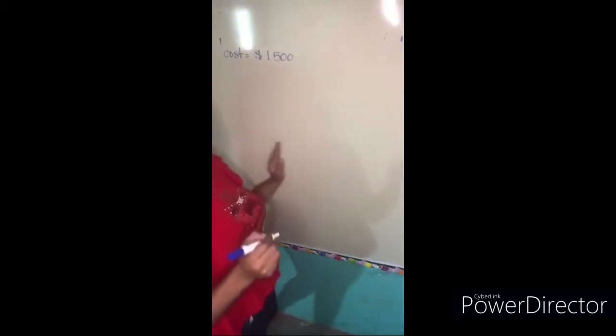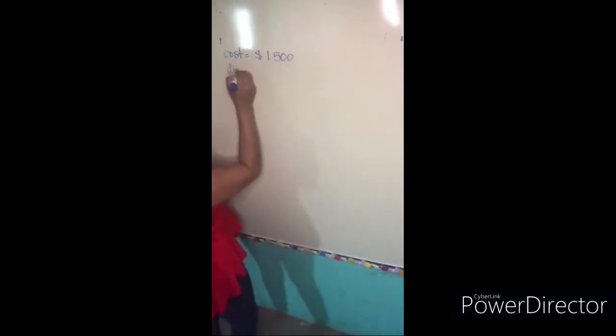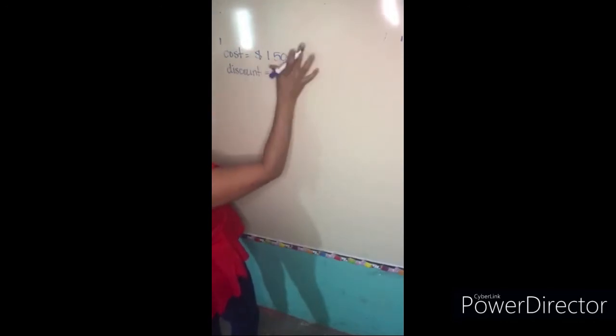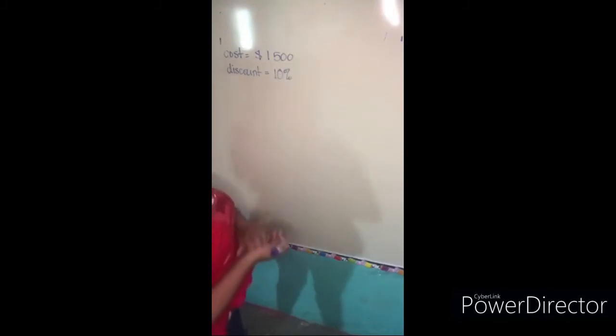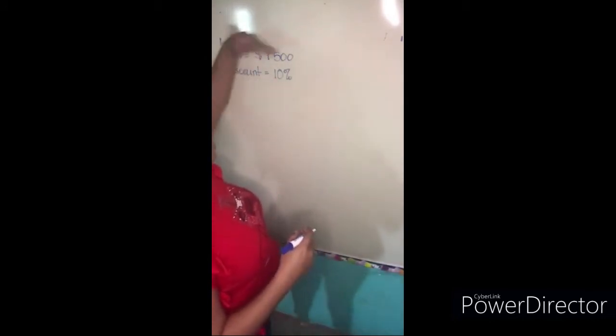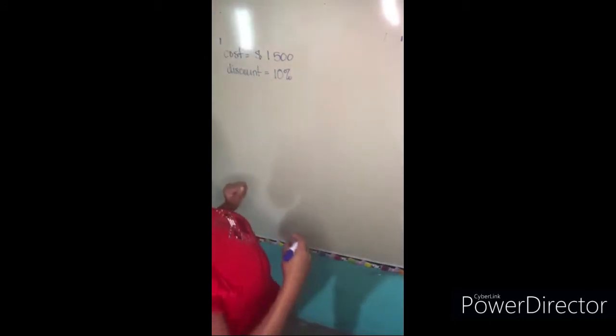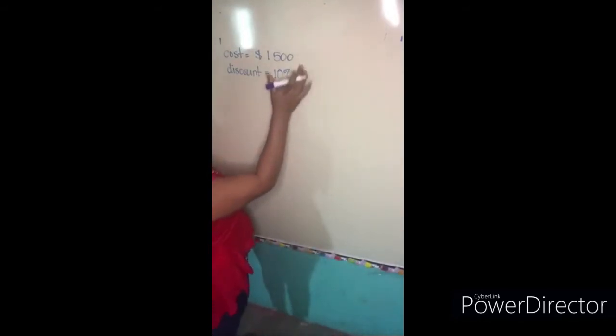And we know that there's also a discount of 10%. So we want to know how much this item would cost when this 10% is removed from the total cost of this item. So what we need to do, we need to find what is 10%.